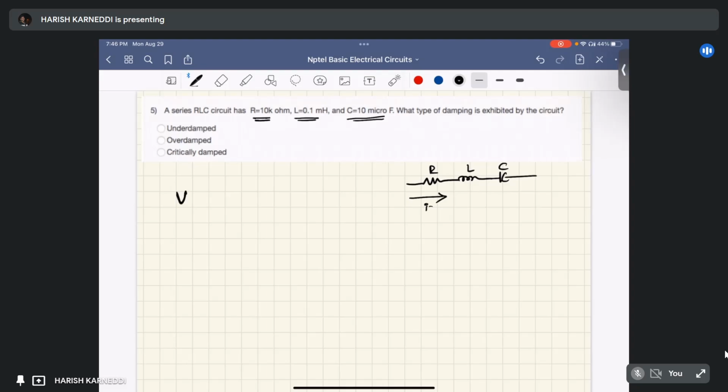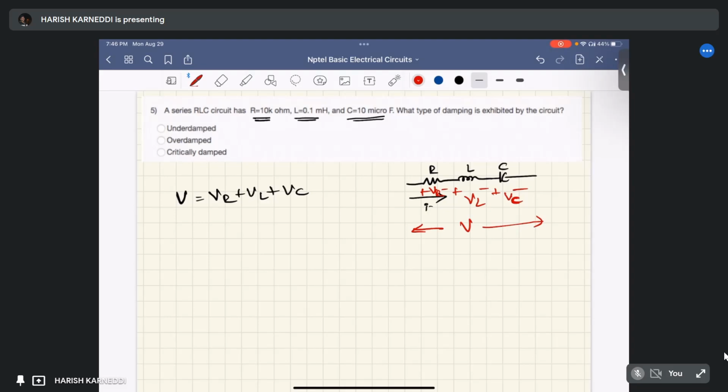We can write VR plus VL plus VC, right? This is VR, this is VL, and this is VC. I just applied KVL in this particular loop. They are all connected in series, so the total voltage V equals VR plus VL plus VC.